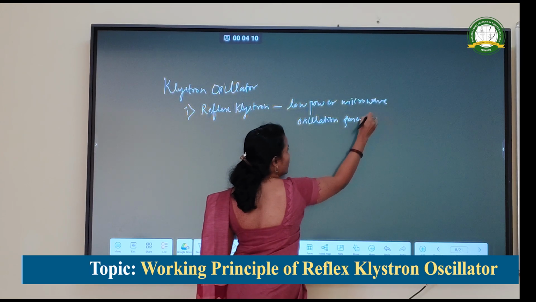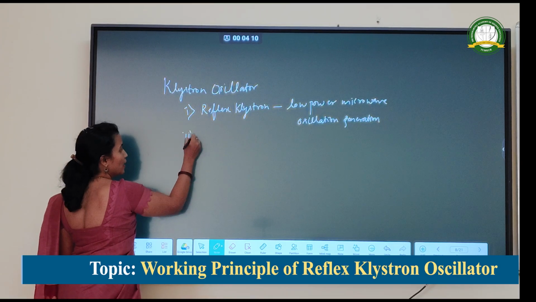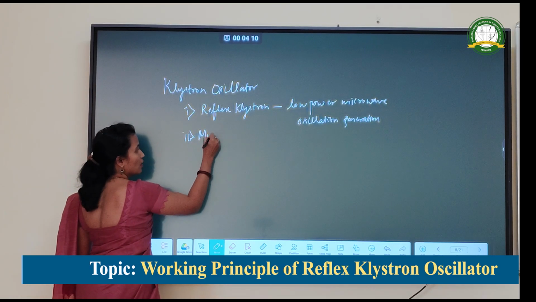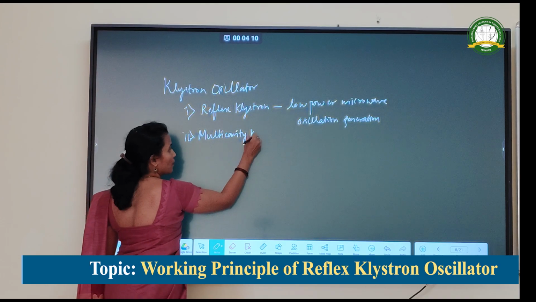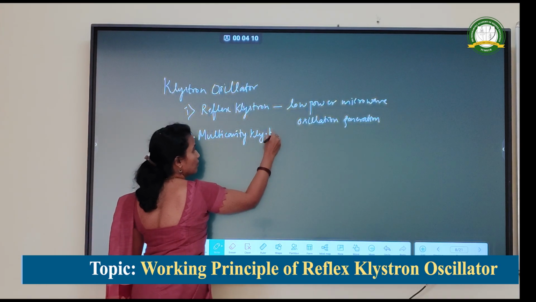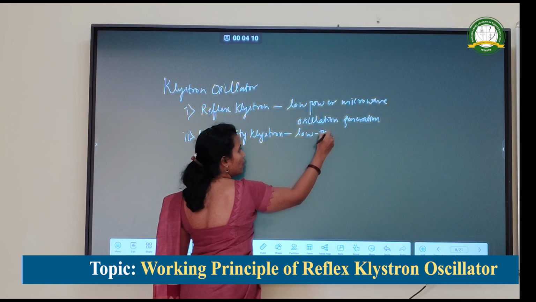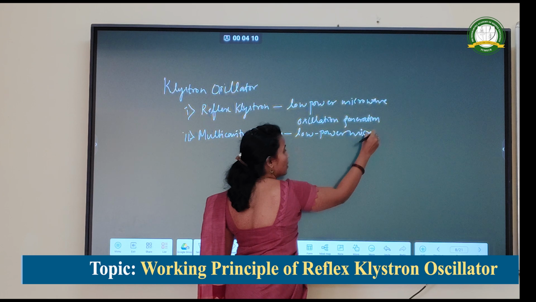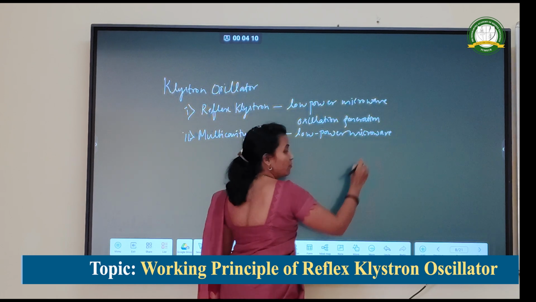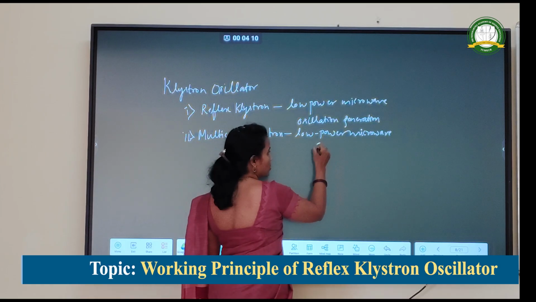And another configuration that is available is multi-cavity Klystron, which is used as a low power microwave amplifier. This is used for amplification of the produced microwave oscillations.